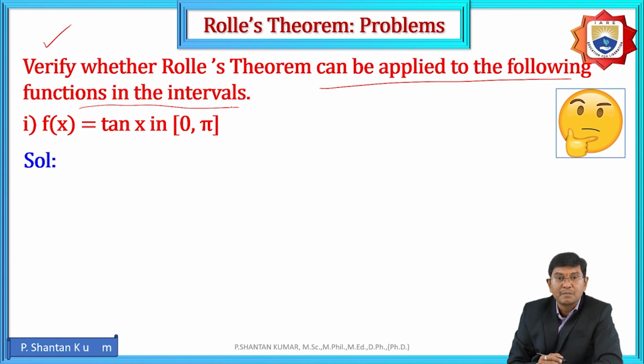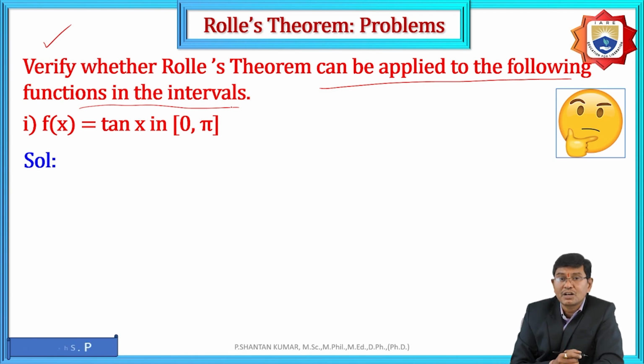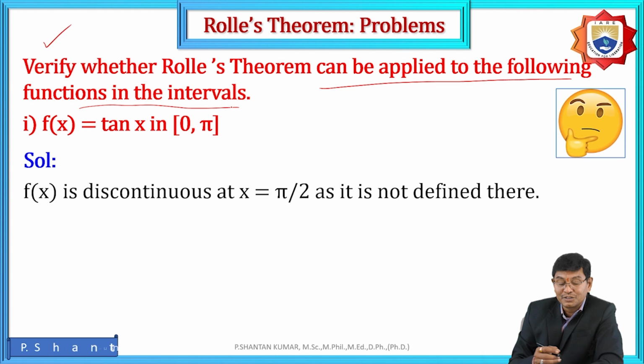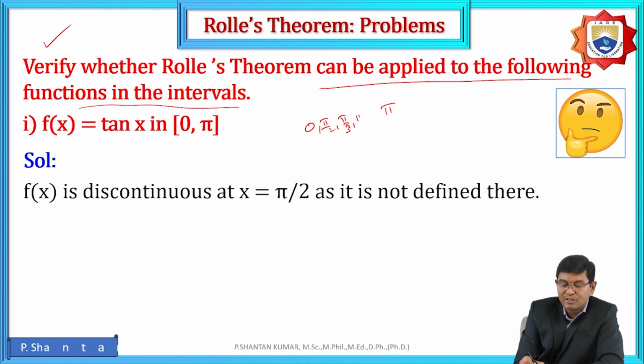That means we need to verify that f of x equal to tan x on 0 comma pi is a continuous function. For the Rolle's theorem, on the closed interval, tan 0 is 0, tan pi is also 0, and by taking any other values the function is clearly continuous. Sorry, it is x equal to 0 comma pi, and the values are 0, pi by 2, pi by 3, pi by 4, pi by 6, and pi by 8.